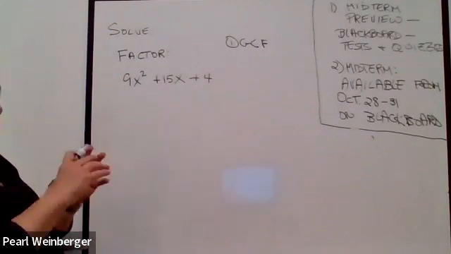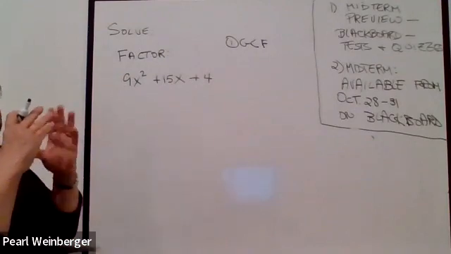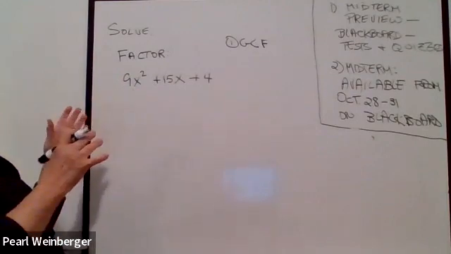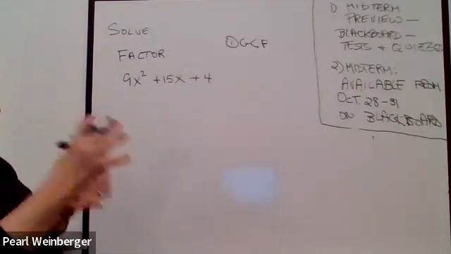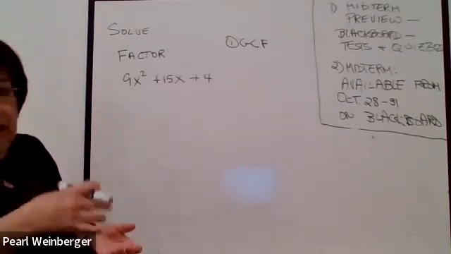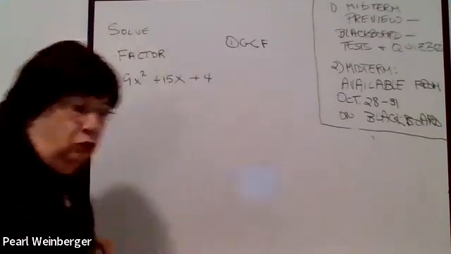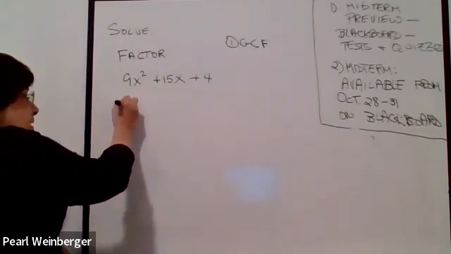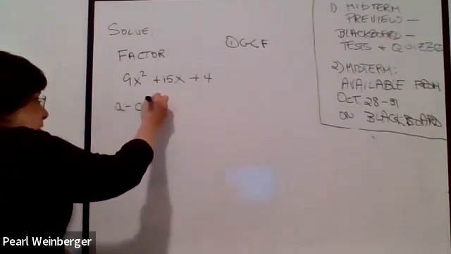It's not just a plain x squared. Because if it's just plain x squared, it's easy to start with x and x. But if you have 9x squared, how do you start? Do you do 3x and 3x? Do you do x and 9x? There are a lot of different things. So what we do is a different method. This method is called the AC method.